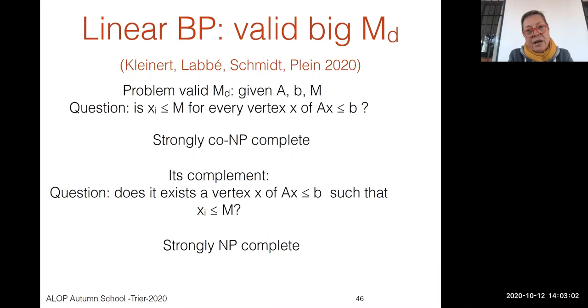We are given a matrix A, a vector B, and a value big M. The question we have is the following: is M a valid upper bound on the ith coordinate of every vertex of the polyhedron defined by this system of inequalities, AX smaller than or equal to B?